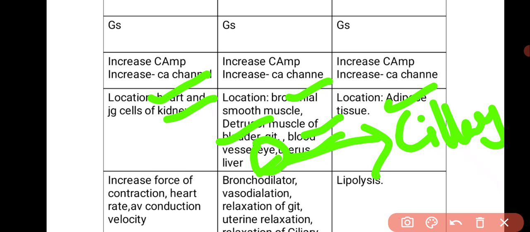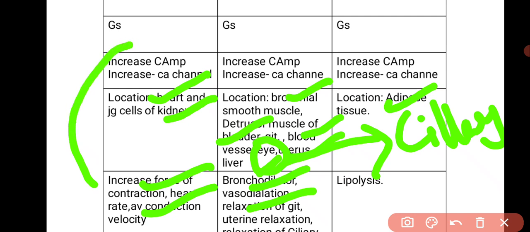You also know the functions of those organs, the adrenergic actions, and how these functions are produced with the help of receptors. When norepinephrine acts on these receptors, all these effects will be produced. Then you can clearly understand the sympathomimetics and sympatholytics.